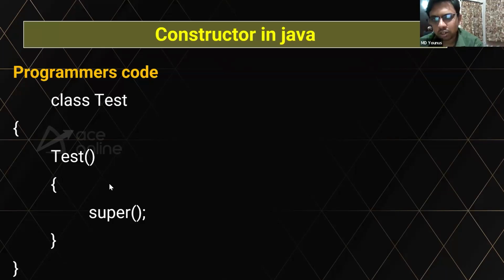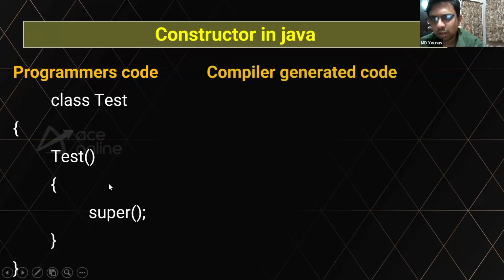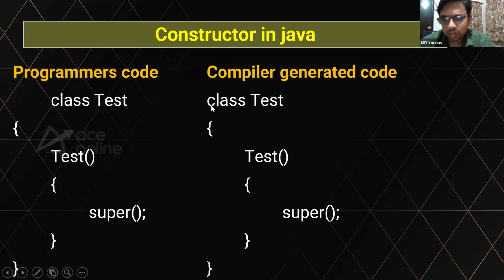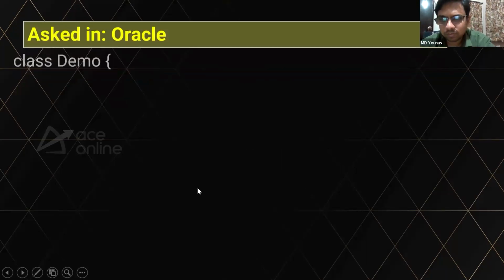Now, what change will the compiler generated code have? It will be exactly the same, no change. So with this, can we conclude that you got some understanding about the constructor now?